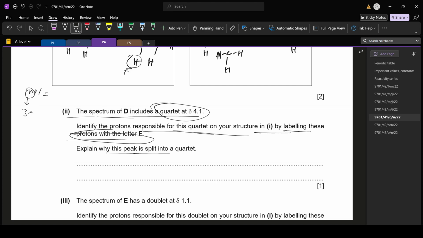So this is 3 plus 1, so it will give a quartet. So you can write that this peak is split into a quartet because there are 3 protons or 3 hydrogens on the adjacent carbon.